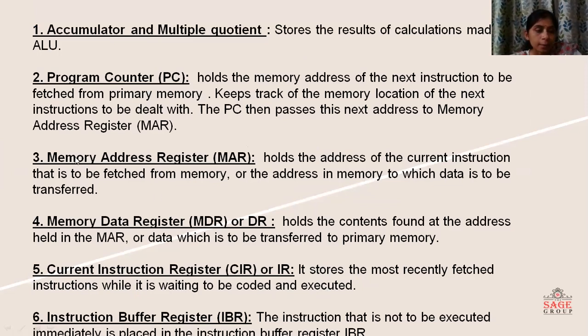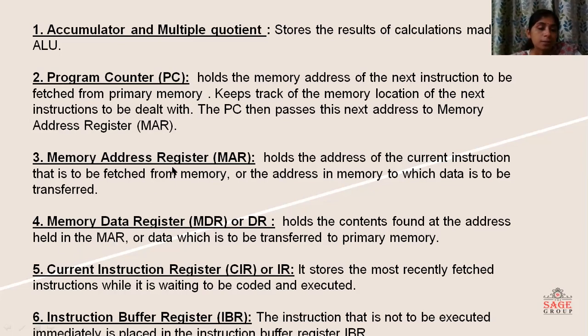As the name indicates, the memory address register holds the address of the current instruction, and the memory data register holds the contents or operands found at the address held in the MAR.